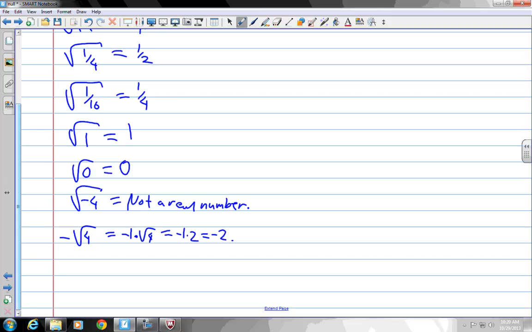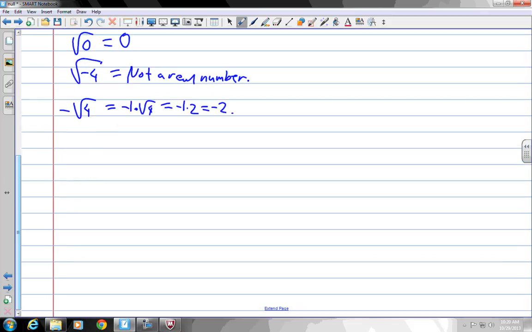There's nothing we can do about that. But what if I ask you negative square root of negative 4, like that? We cannot distribute the negative under the radical, so it's just negative 1 times the square root of negative 4. That's not a real number, so still not a real number. Okay?